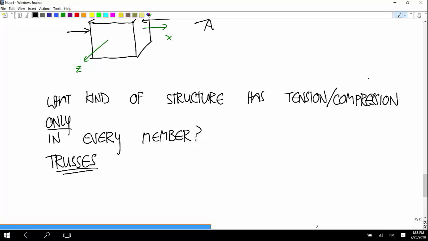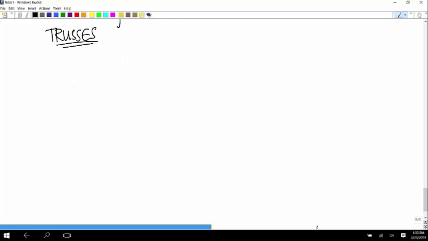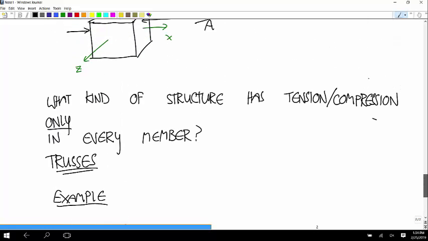Okay, so let's do an example of a truss problem, because I think in the homework there's a few of those.